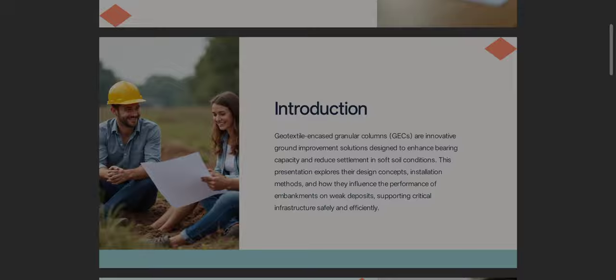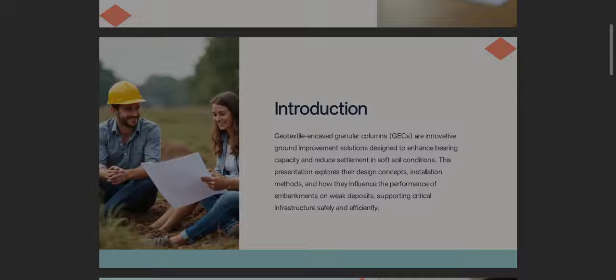Granular columns, commonly known as stone columns, have been widely adopted as a ground improvement method for soft soils. They improve soil performance by reinforcing the ground, facilitating load transfer, and accelerating consolidation through enhanced drainage.